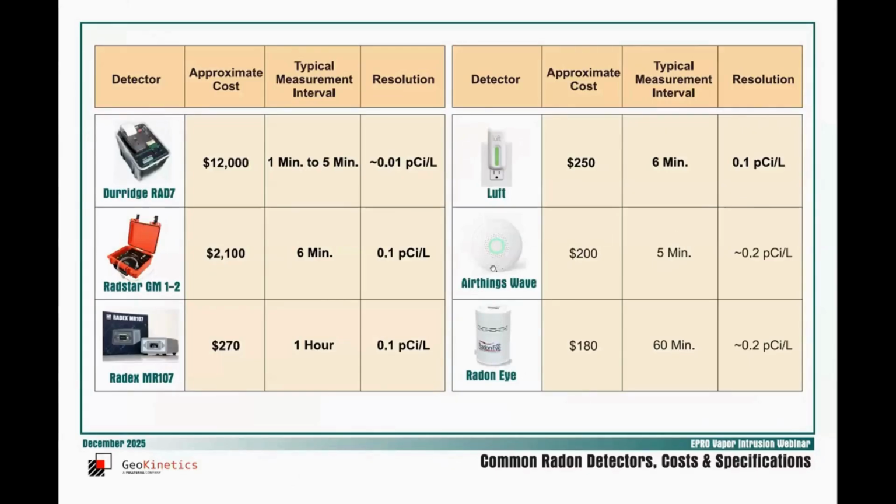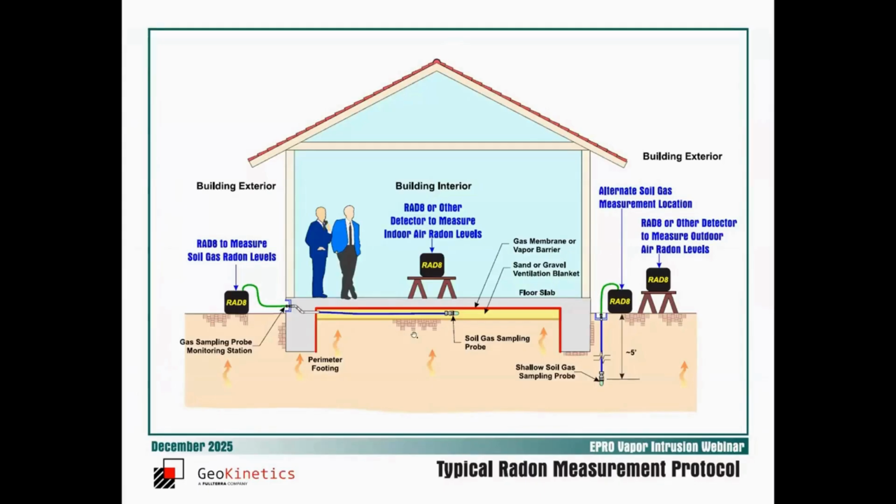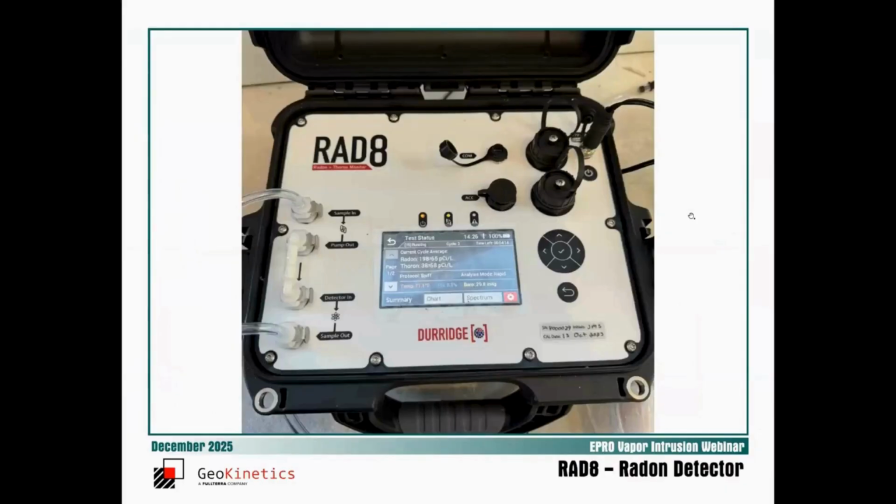We found even these less expensive devices in the $200 range yield results that are comparable with the more expensive equipment. What we typically do, we'll have a gas probe beneath the barrier, and we'll measure the radon concentration in that probe. We'll measure it in the indoor air, and we'll measure it in the outdoor air concurrently over a minimum of a 24-hour period.